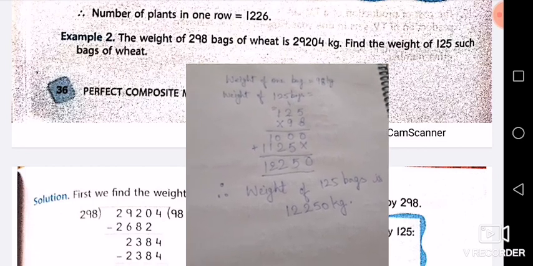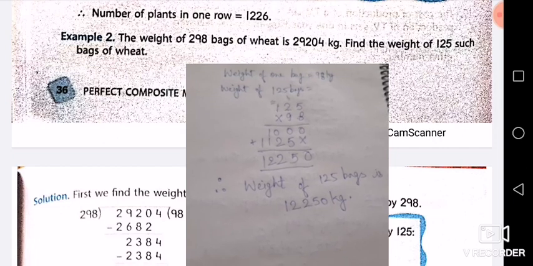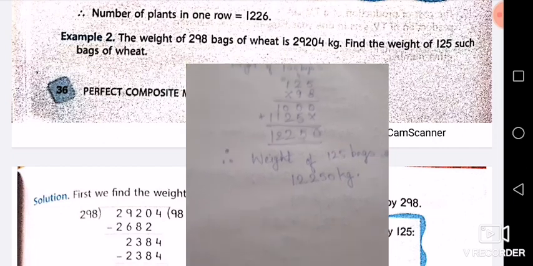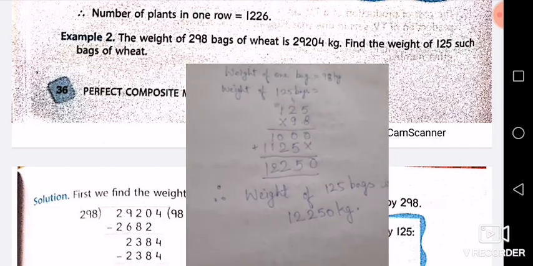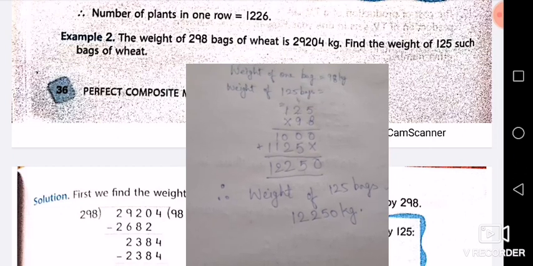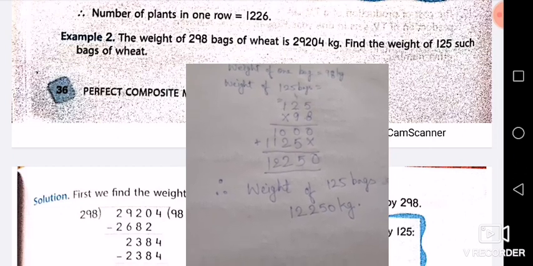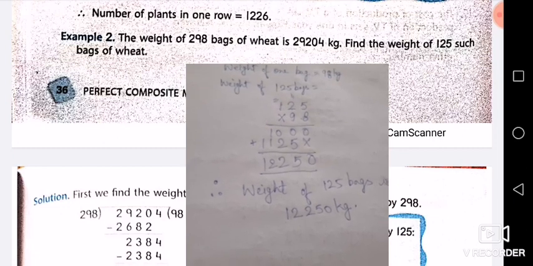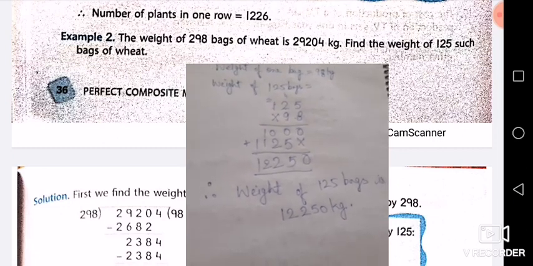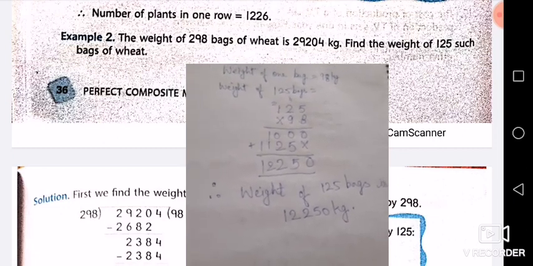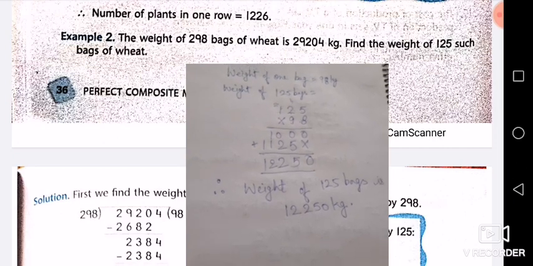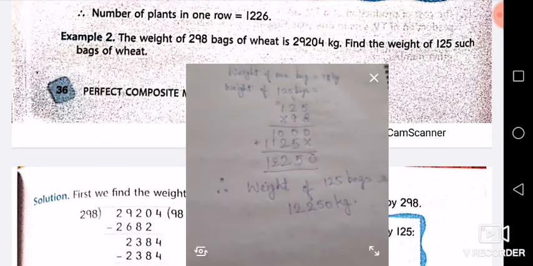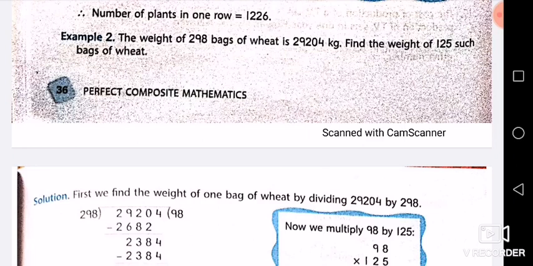So I think this question is clear. Now tell me first which two operations we have used in this question. Yes, your answer is correct. The two fundamental operations which we have used in this question are first division and then multiplication. I hope this example is clear to you all.